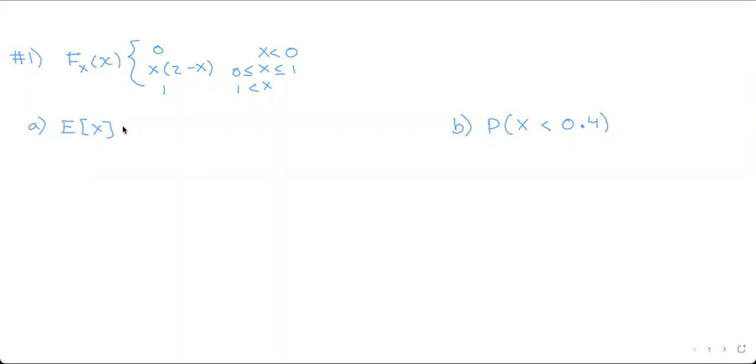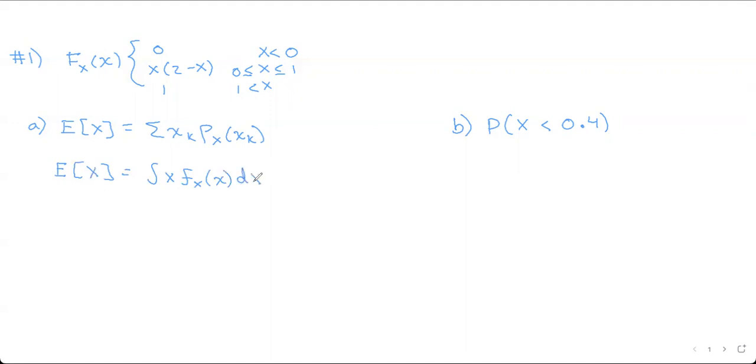Because if it is discrete, you would use the equation for expectance using the summation, where you would use the PMF to calculate the expectance. But if it's continuous, you'd use the integral of x times the PDF.